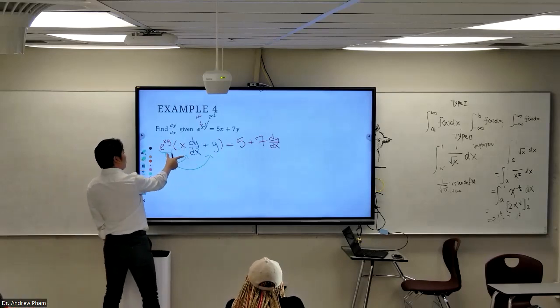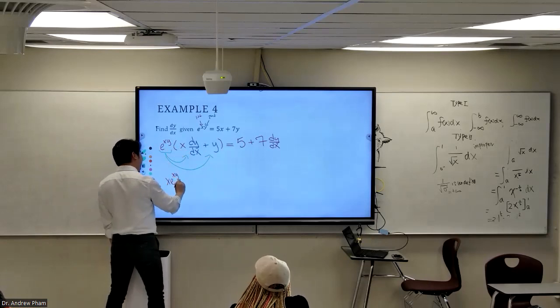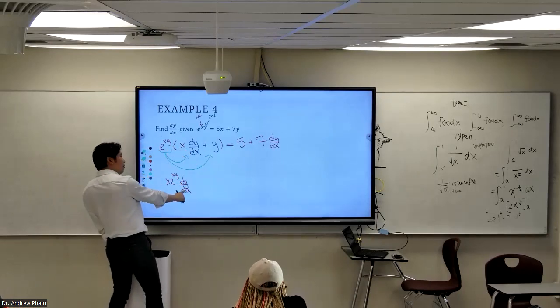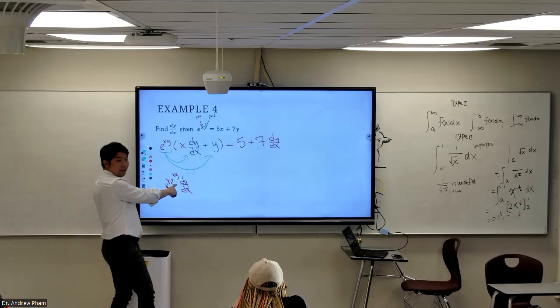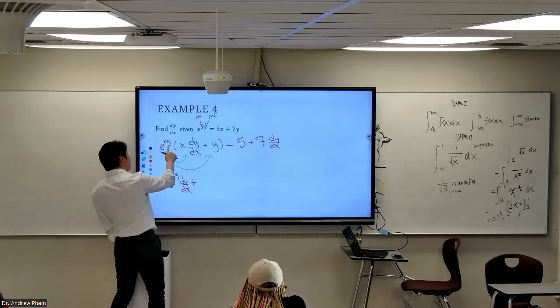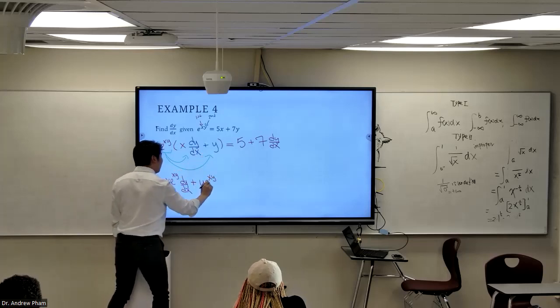So for this first one, I just get x e to the xy dy dx. So x dy dx times e to the xy. Just multiply them together. Plus e to the xy times y. I'm going to write as y times e to the xy.